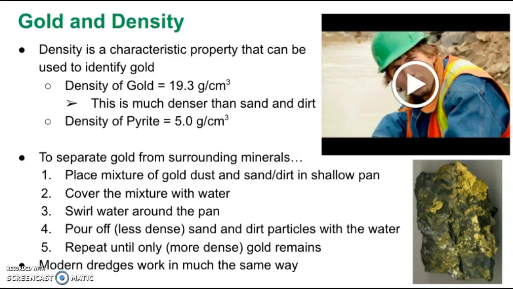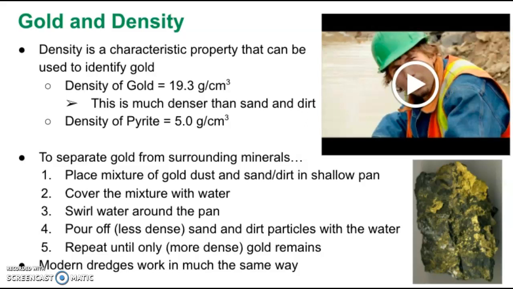Because gold is really dense and sand and dirt are not, when you pour off that water, you're going to end up losing a lot of the sand and dirt particles that were floating near the surface. The gold particles, however, are going to settle out on the bottom, so when you repeat this process over and over again, eventually all you'll be left with are those more dense gold particles. Now, this isn't the way that the gold industry operates today with single pans.